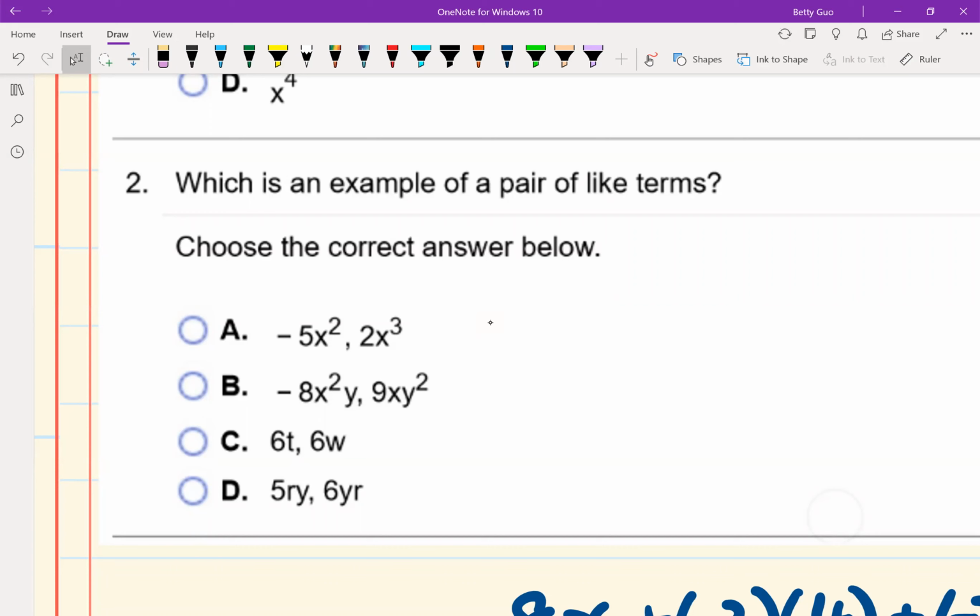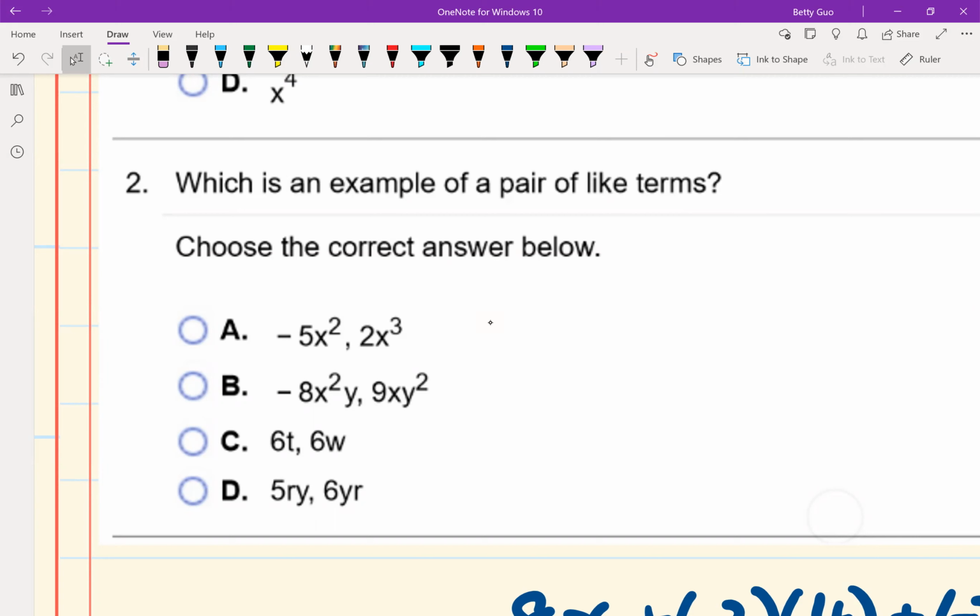What they have in common is the same coefficient. But coefficient doesn't matter when we determine like terms. Even if they have the same coefficient, it doesn't make them like terms. Whether they are like terms or not is not up to the coefficient, it's up to the variable part.